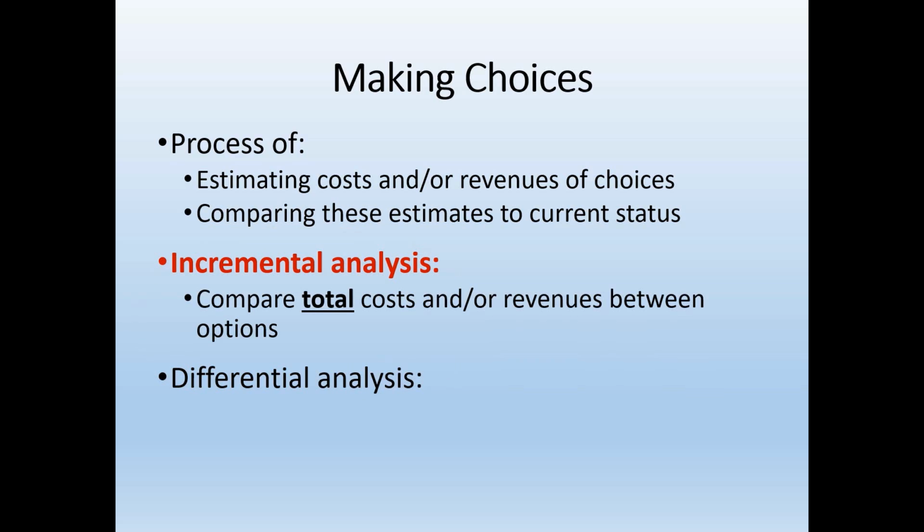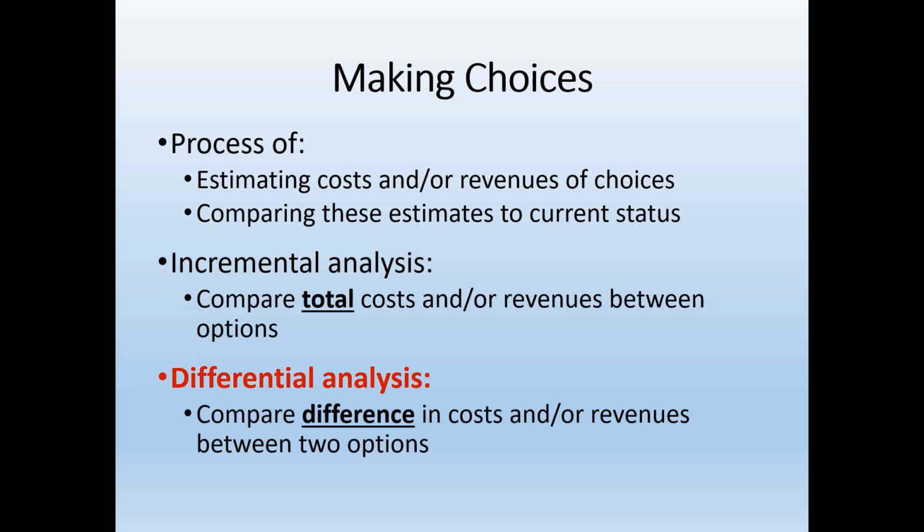In incremental analysis, we compare the total costs or revenues between the two options. Whereas in differential analysis, we compare only the revenues or costs that will be different between the two options.